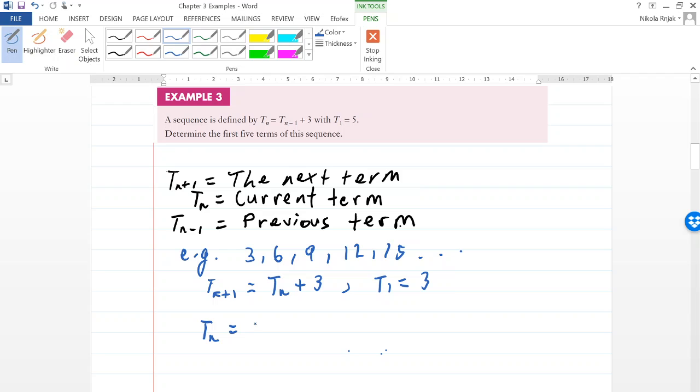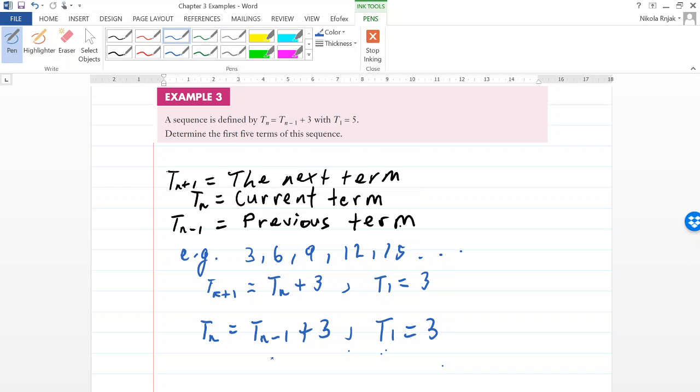You could write it like that. It means the same thing. The previous term, which is t of n take 1, plus 3, where t1 equals 3. This t1 is the starting term. So these two things mean the same thing. It just means to get the next term, you add 3 to the previous term.